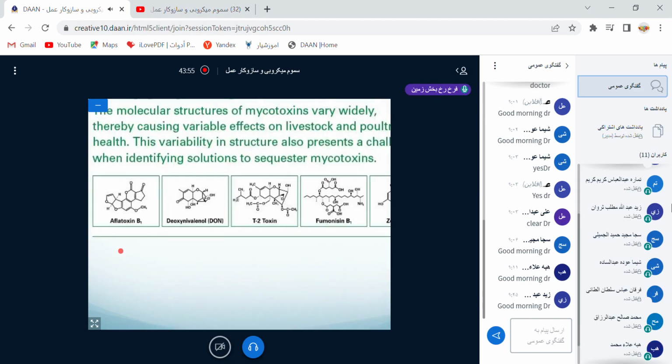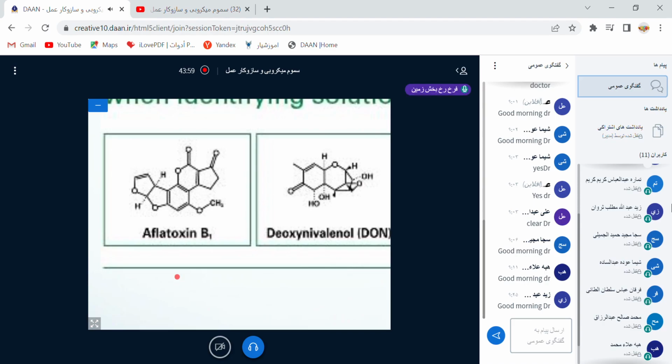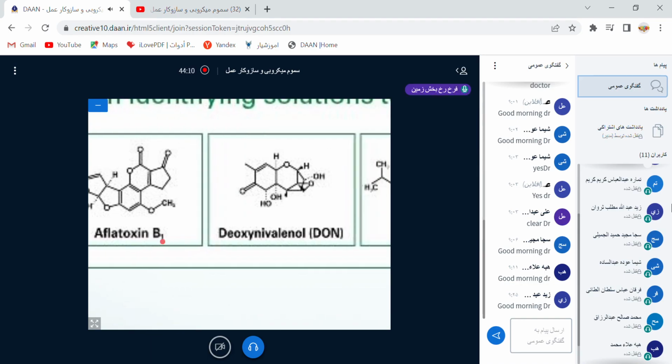So here you can see some mycotoxins. Aflatoxin is a very important toxin which infects humans and livestock and is present in many cereals.